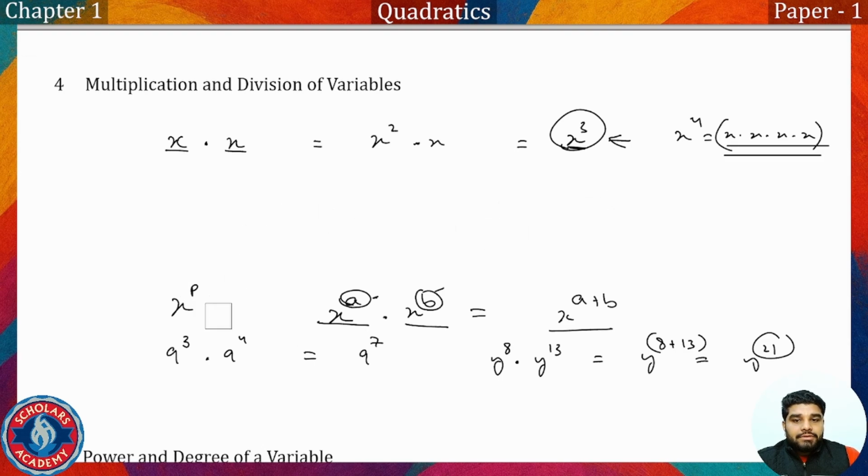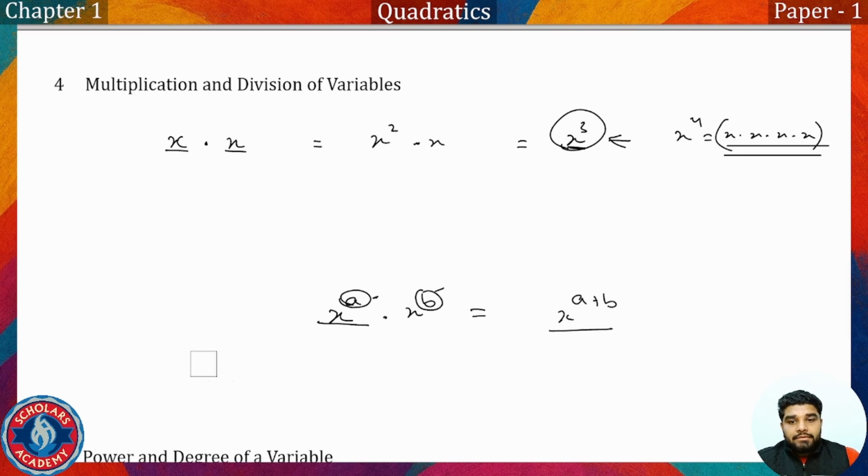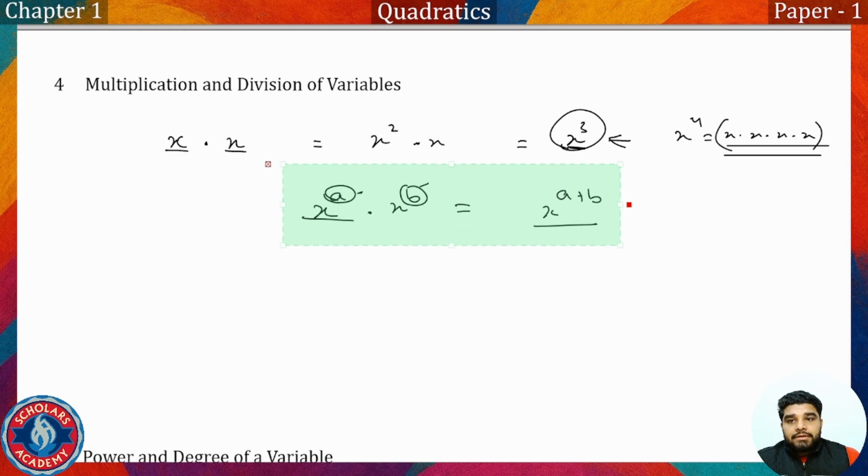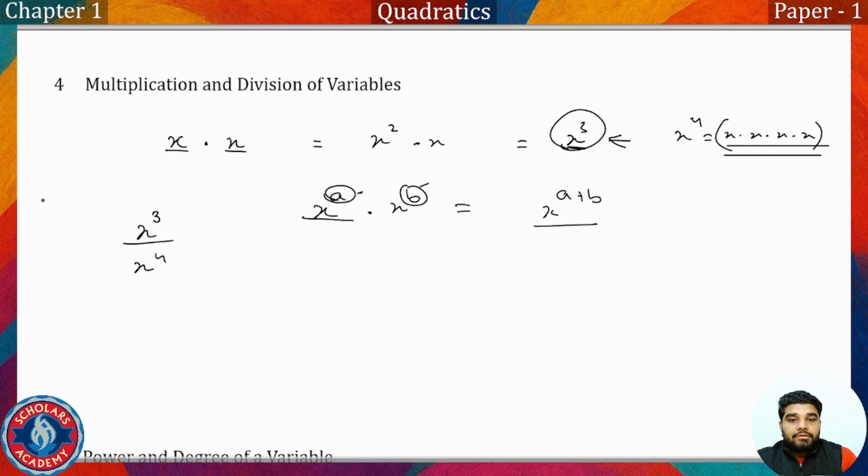Now if I talk about division, one basic thing we want to know is how the power changes. For example, if I say x to the power 3 divided by x to the power 4, what is happening over here? x times x times x divided by x times x times x times x.